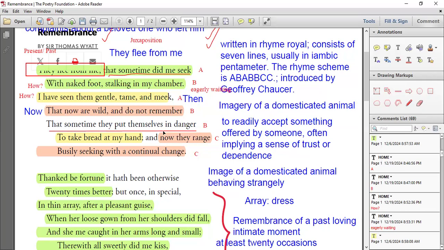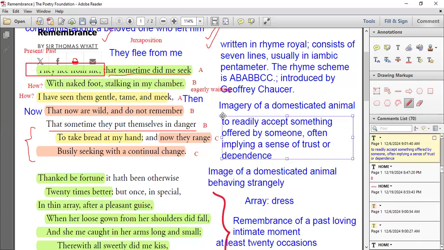Why did they put themselves in danger? Not just because they loved me, but because they wanted material benefit from me. Why did all those ladies come behind him? Maybe not just for sexual intimacy. They came to take bread at my hand. See what imagery he uses: a domestic animal goes to its master expecting biscuits and bread and stands there pitifully. Like that, these ladies also came after me for material benefit.